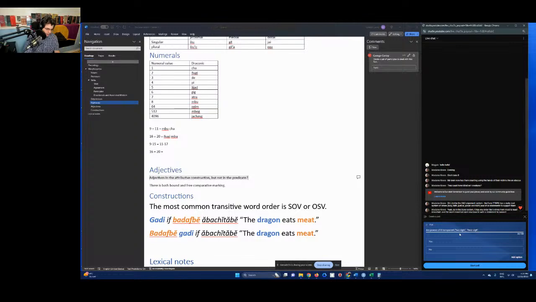Wait, oh no. Multiples of 8, right? It's multiples of 8, not powers of 8. Multiples of 8. Or are they derived?